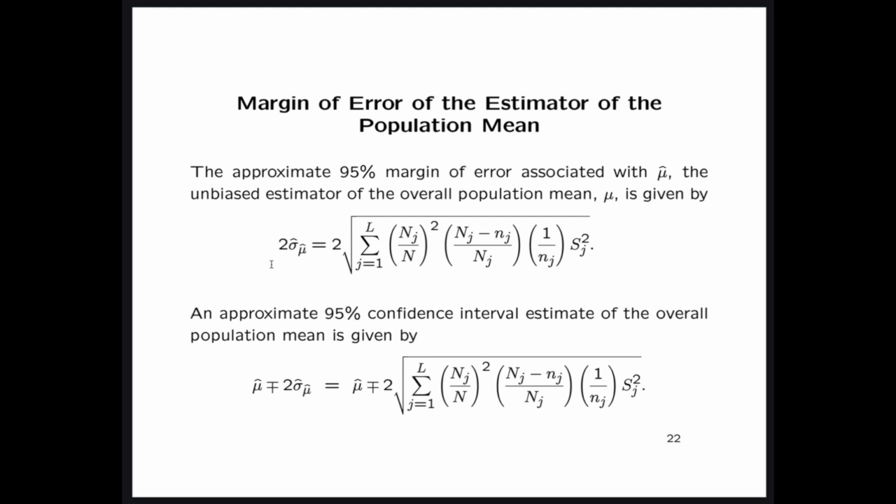Now, once we have our point estimator of the overall population mean and its estimated approximate margin of error, we can use those two quantities in the usual way to come up with the approximate 95% confidence interval estimate for the overall population mean. So mu hat minus plus the margin of error associated with mu hat.